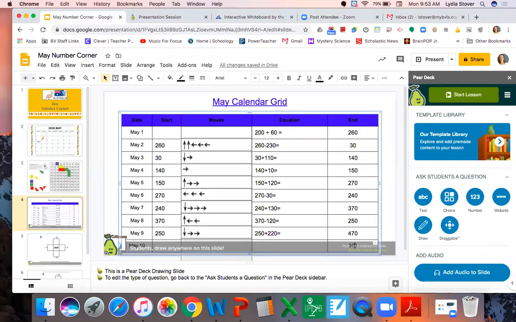So if we think about our equation, we started on 470. We have to take away 110 to end up on 360.